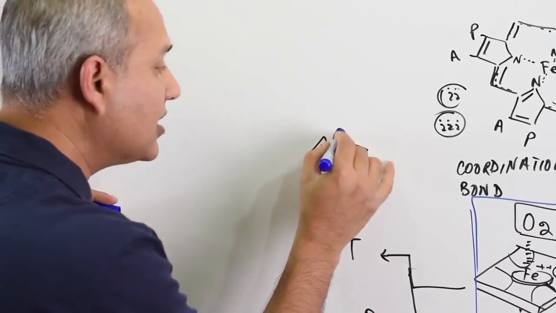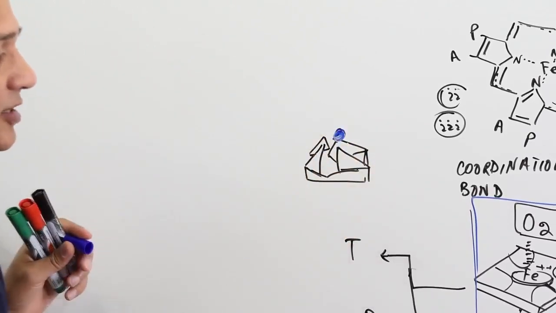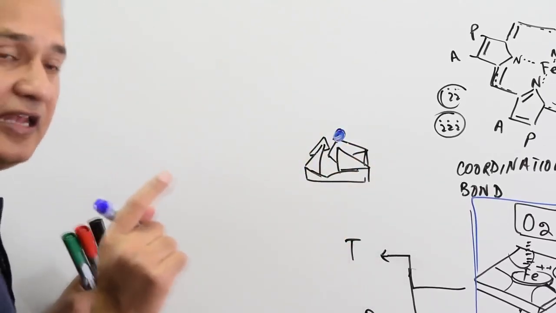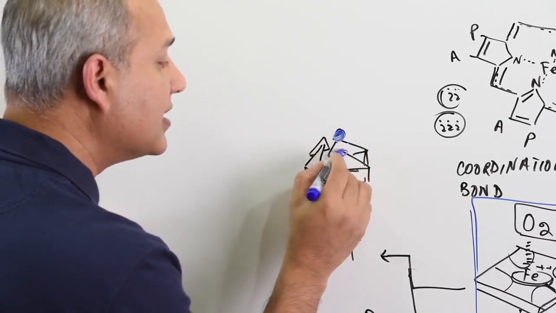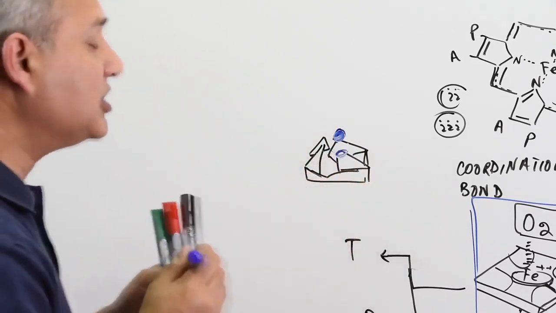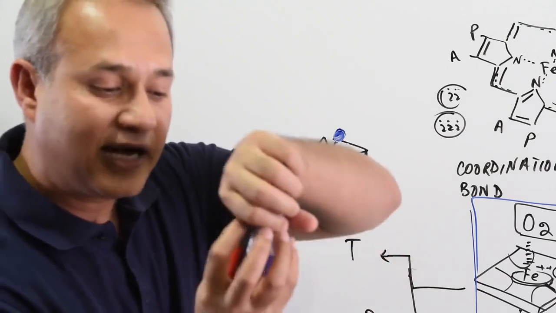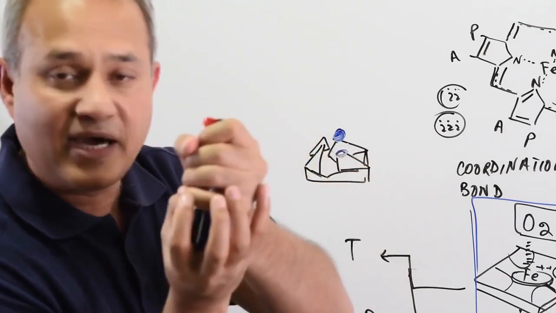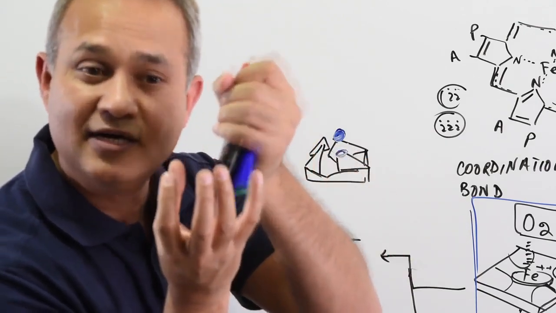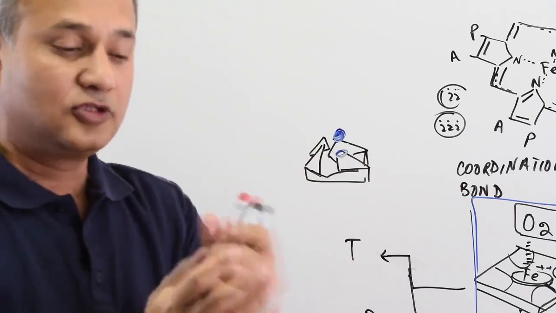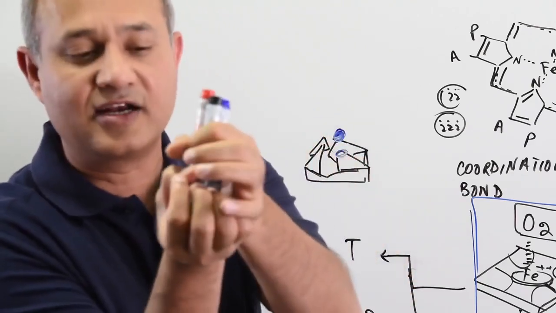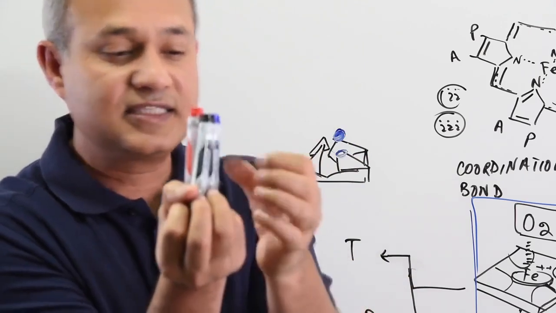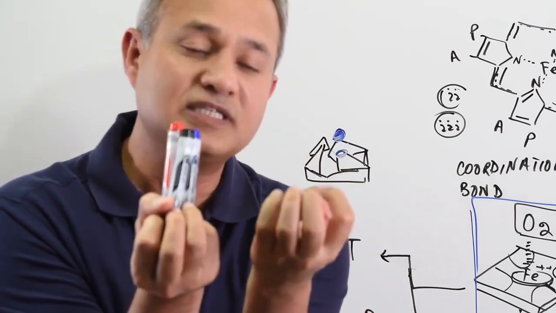When the first one becomes connected to the heme subunit or the chain, that causes the other chains to become easier to connect. They have a conformational change in them. Their units which combine with the oxygen, those combining sites open up a little bit. So it is easy for oxygen to come in. So the first one is really difficult to attach. Once that is done, the second one, which was also difficult, opens up a little bit.